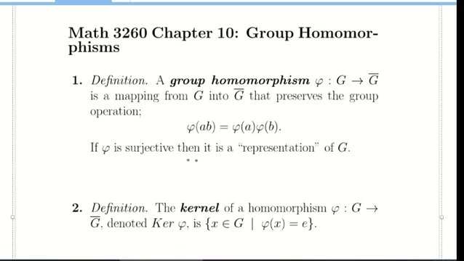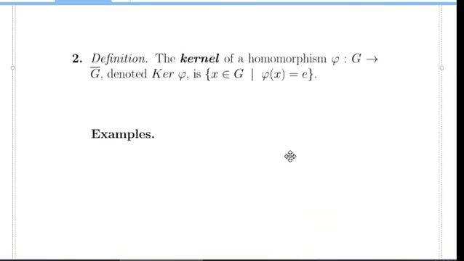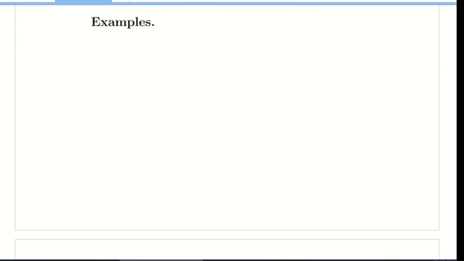So it doesn't need to be one-to-one and onto, but if it is onto, then sometimes it's called a representation. We're not going to use that too much in here, but one thing we will talk about a lot is something called a kernel. The kernel of a homomorphism is the set of elements in the domain that map to the identity in the range.